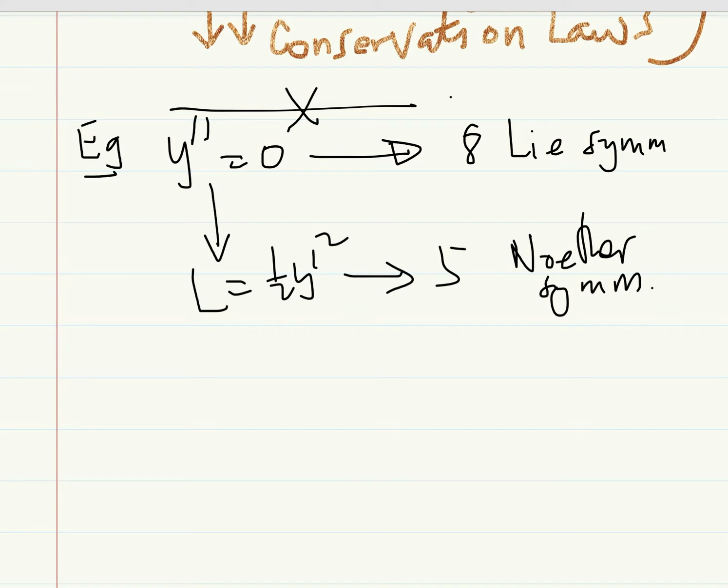And this differential equation, of course, has, remember, alternative Lagrangians too. So the question is, if we used L dashed or L star that we mentioned earlier on, what would the Noether symmetries be then?